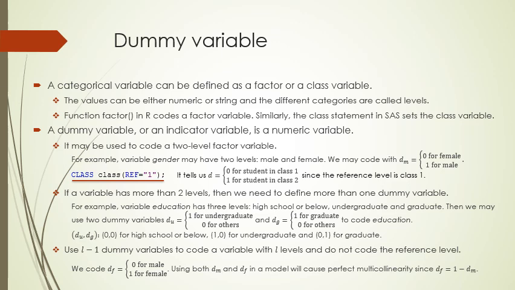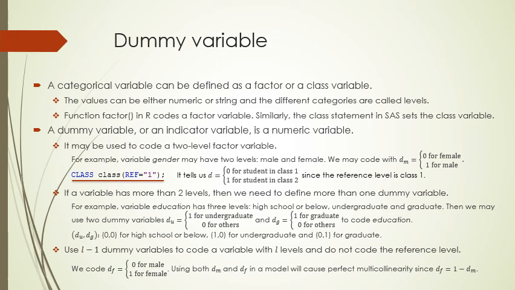Then we may use two dummy variables, d1, which is 1 for undergraduate and 0 for others, and d2, which is 1 for graduate and 0 for others, to code the variable education. Thus, we have 0, 0 for high school or below; 1, 0 for undergraduate; and 0, 1 for graduate.